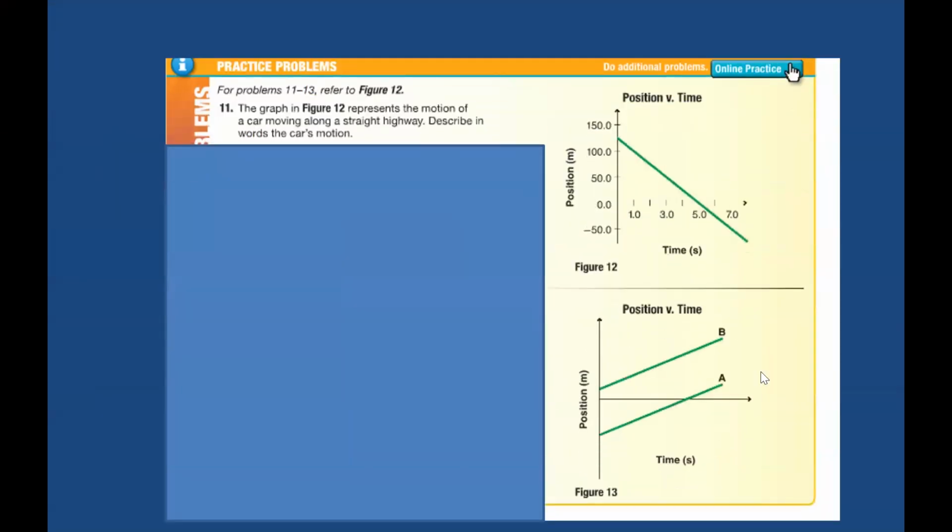So it says here, in figure 12, I need to describe the motion in words. First of all, the object that moves is a car. So the car moves at a constant speed. Why? Because it's a straight line.